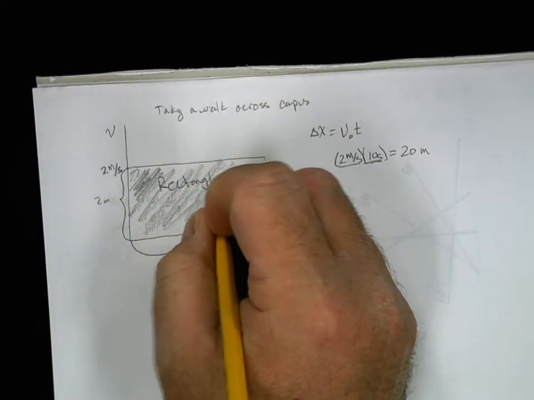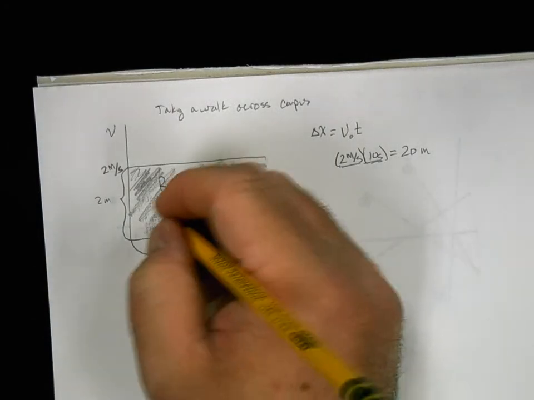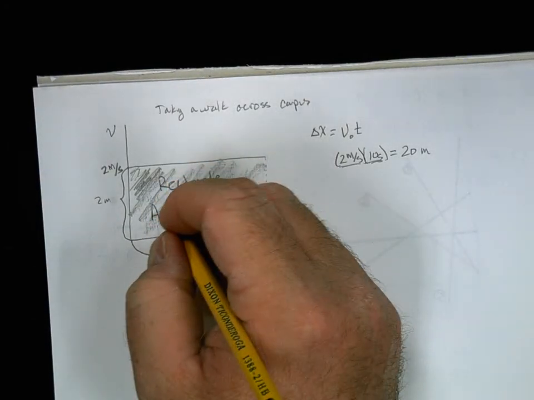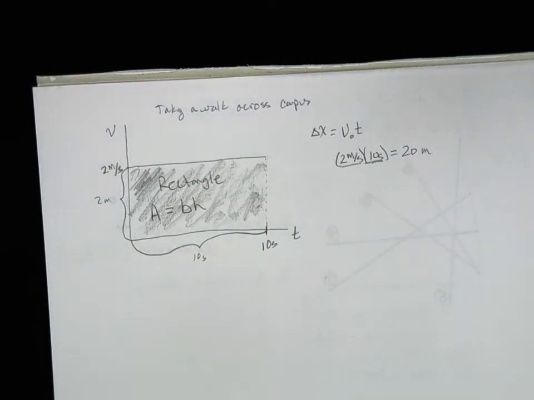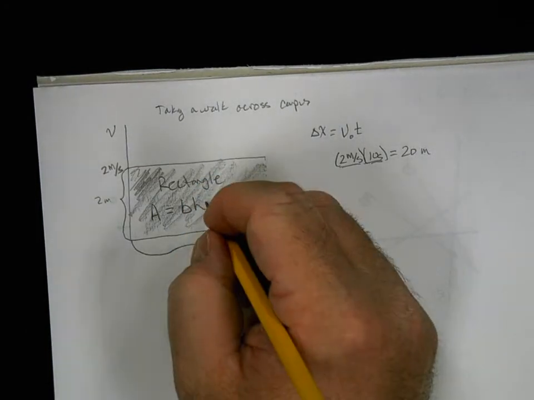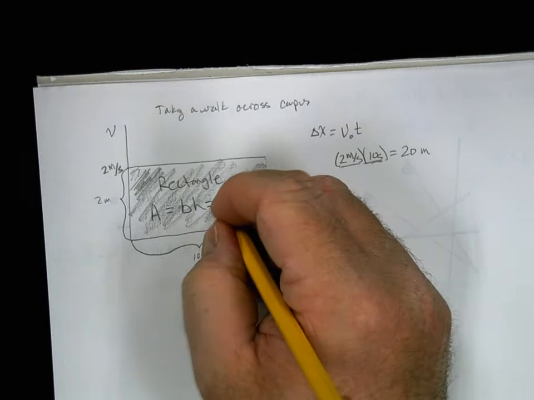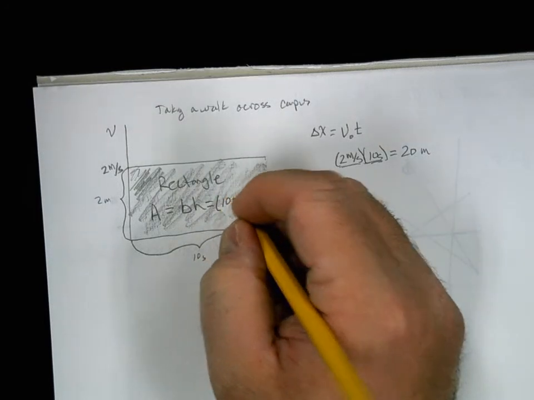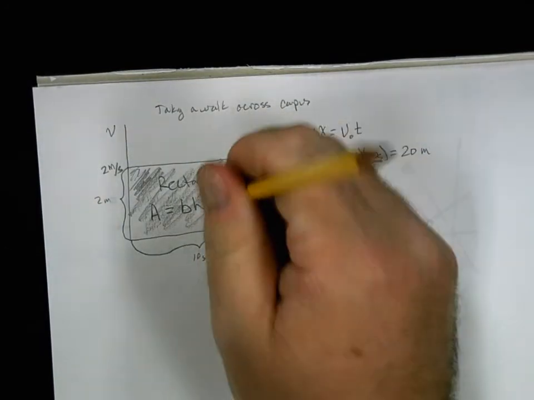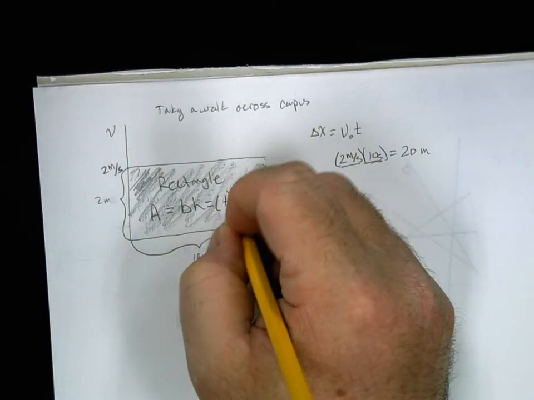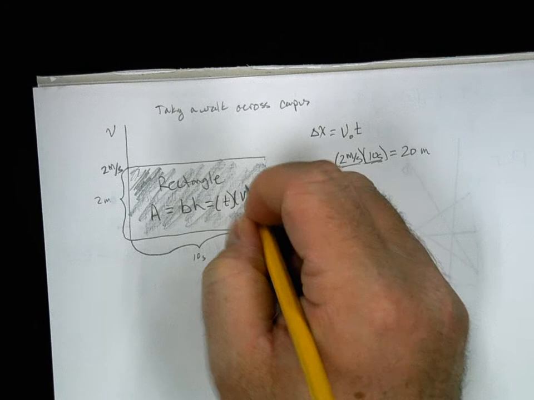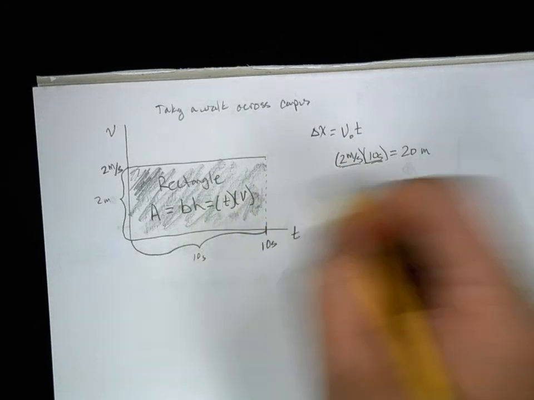Okay, and the area of a rectangle equals base times height. But in this case, our base times height equals our time times our velocity. Well, v times t is the same thing as our displacement that we have over here.